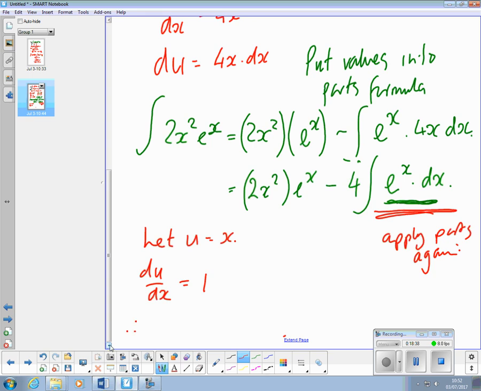Therefore, du is equal to dx. And over this side, let dv equal e to the x. Therefore, v is equal to e to the x. Yeah.